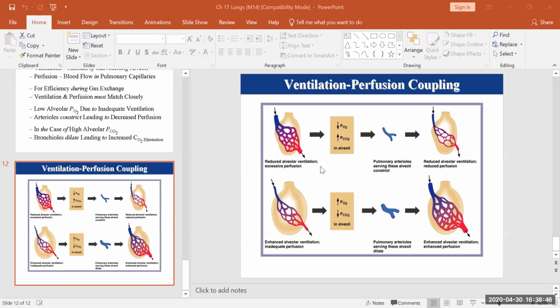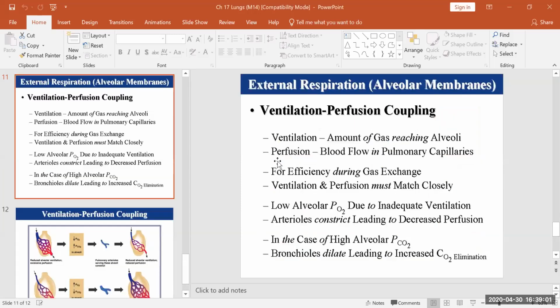So that concept, the relationship between ventilation in the alveolus and the blood perfusion in the capillary, we call ventilation perfusion coupling. And that's all detailed here in writing, okay?